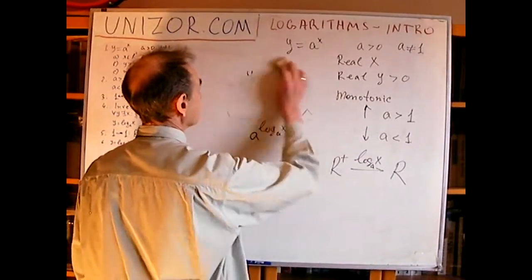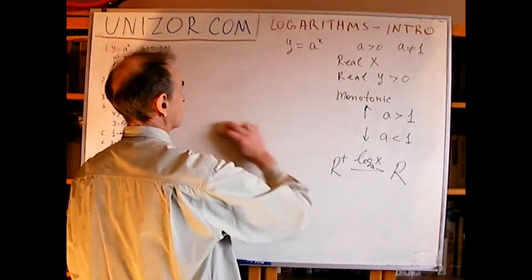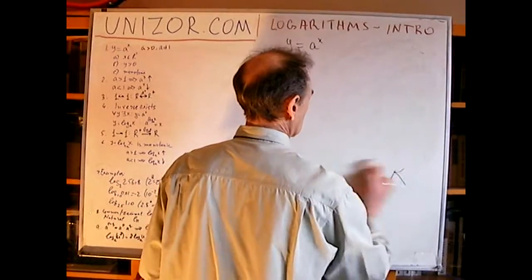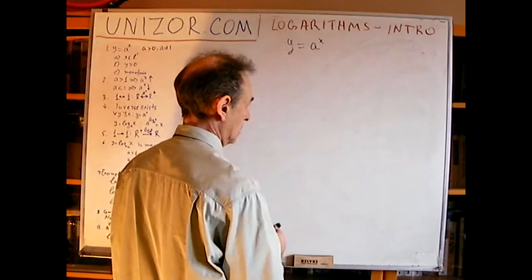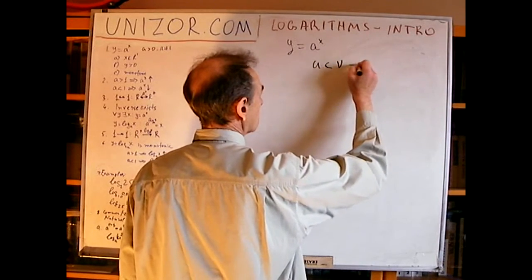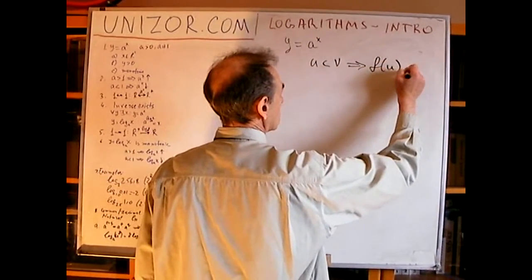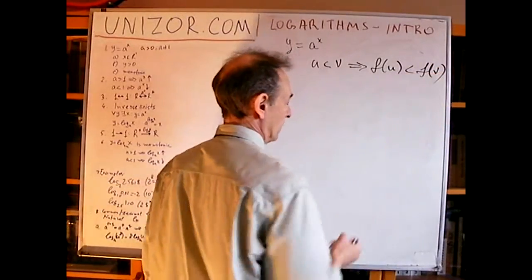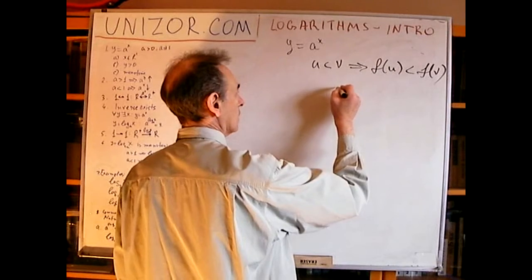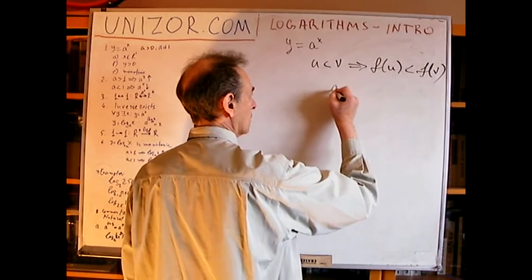It's very easy to prove. A monotonic function means if u is less than v, then f at u is less than f at v.